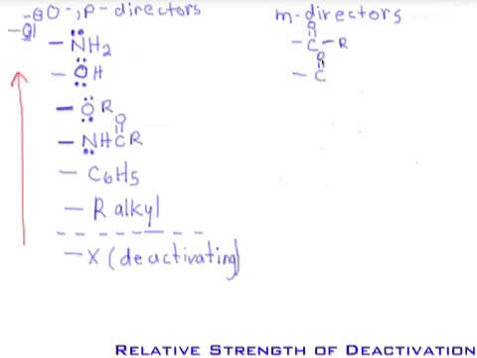Notice as we increase the number of electronegative atoms off of the carbon attached, or the atom attached to the ring, as it becomes more and more electronegative, we're withdrawing more and more electrons. We become more and more deactivating.